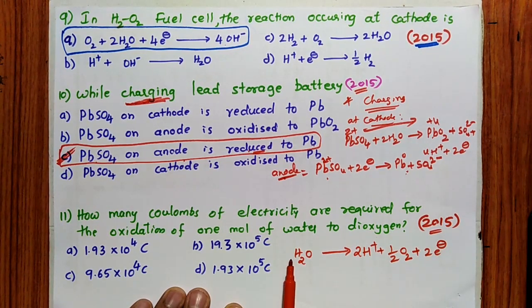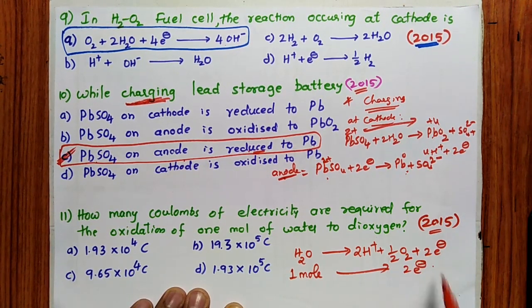If you write 2H2O, you are going to get 4 electron. So for 1 mole, how many electrons? 2 electrons. 2 electrons means how many Faraday? 2 Faraday.